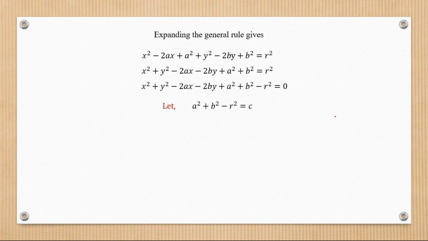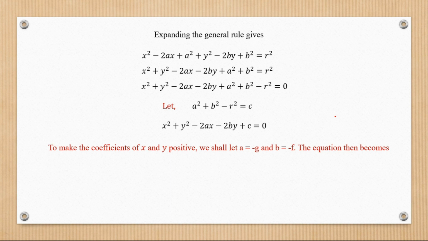What is usually done is we let A squared plus B squared minus R squared be equal to C. So we're representing these three terms using a letter C. We'll have X squared plus Y squared minus 2AX minus 2BY plus C being equal to 0. Next we're going to make the coefficients of X and Y positive, because I don't want those negatives in the general equation.